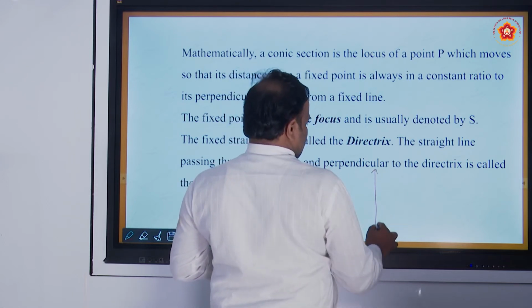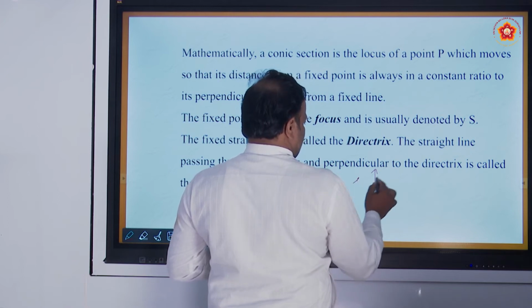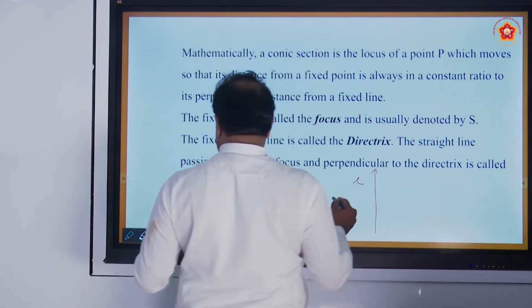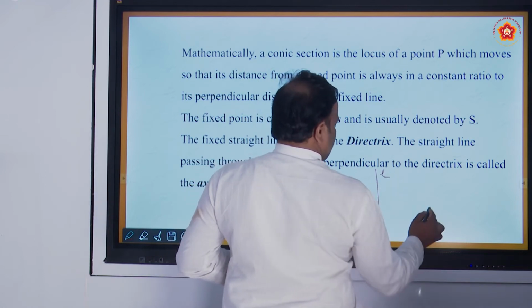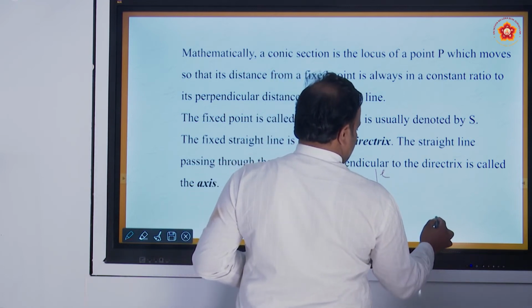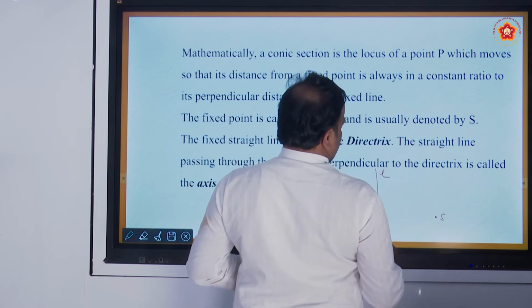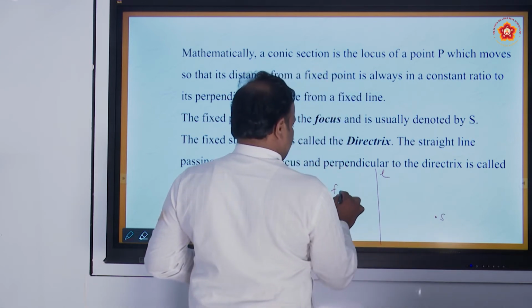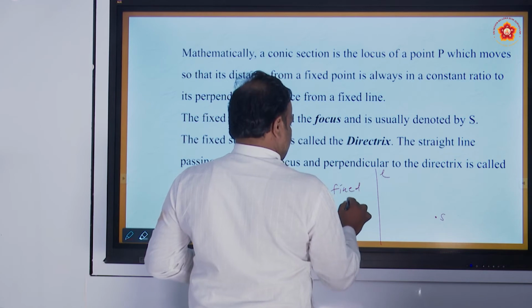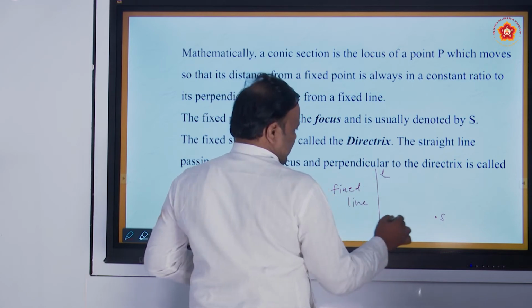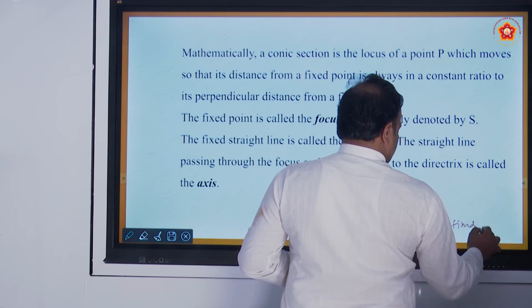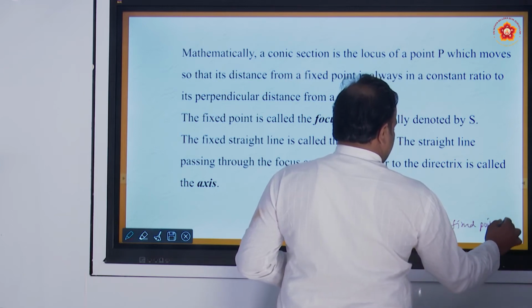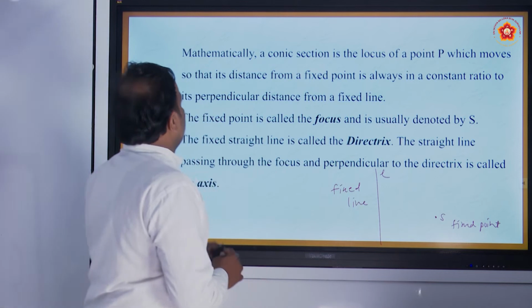I call this the fixed line L. I take here one point S, the fixed point. This is the fixed line L, and S is the fixed point.